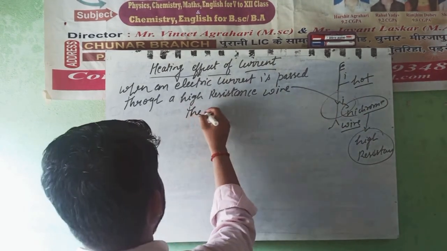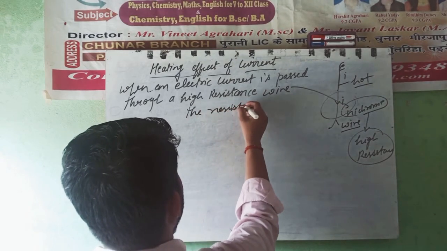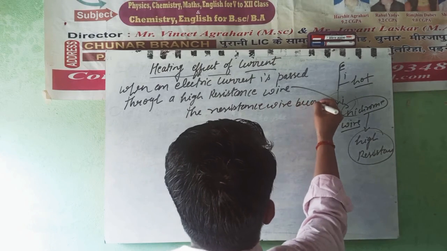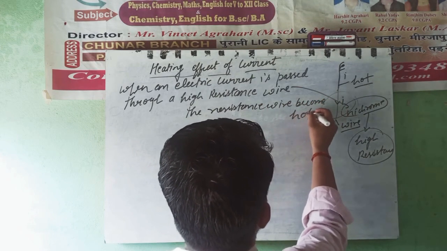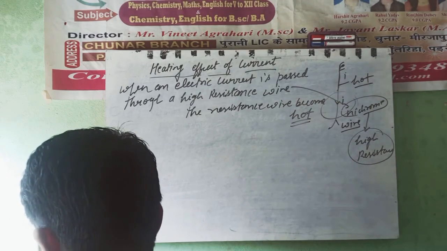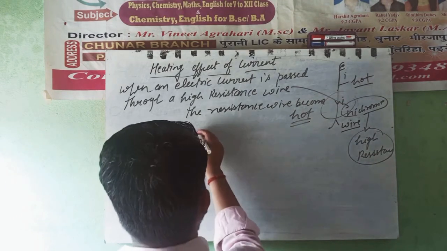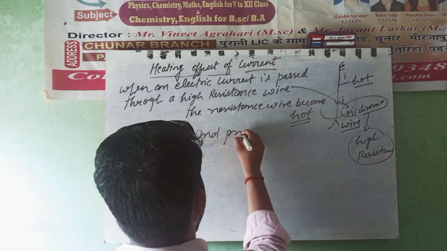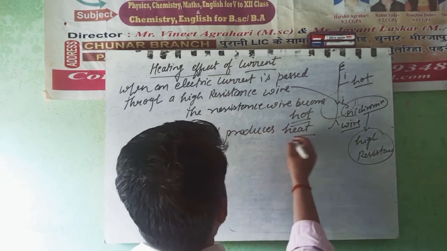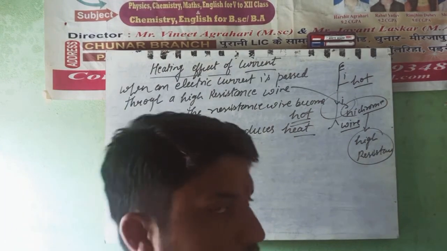You can write here, the resistance wire becomes very hot and produces heat. This is called heating effect of electric current.